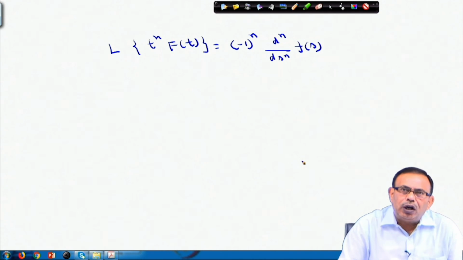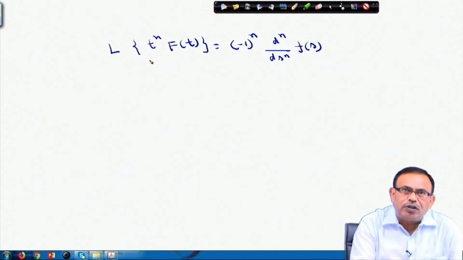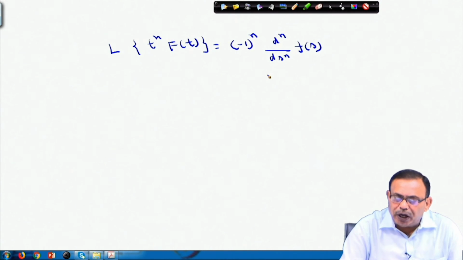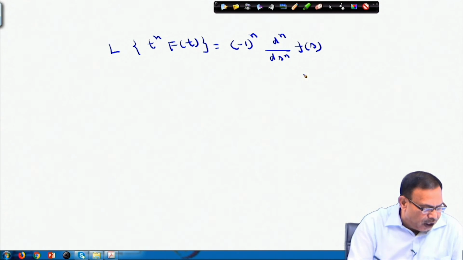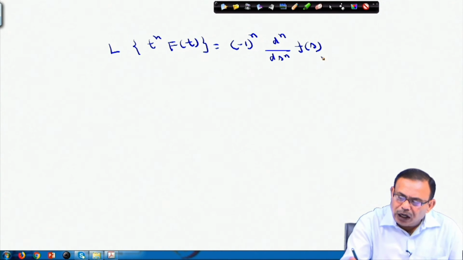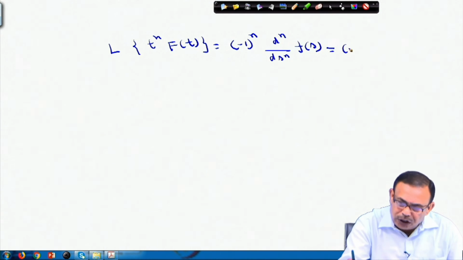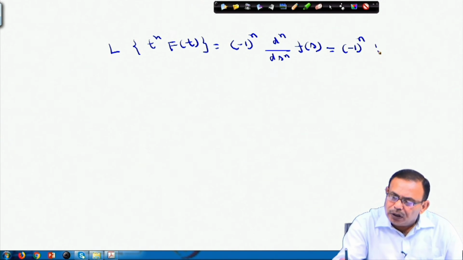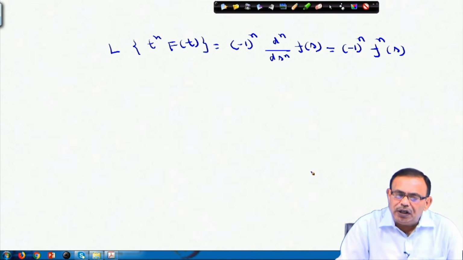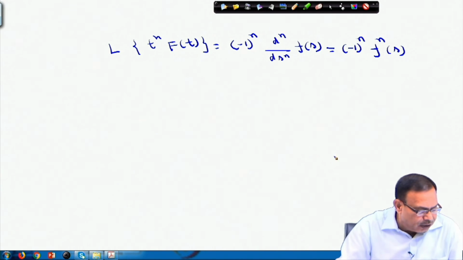Using the theorem of the derivative of Laplace transform, I can tell that Laplace transform of t to the power n into f(t) equals minus 1 to the power n into d^n/ds^n of F(s). So, I can write this as minus 1 to the power n F^(n)(s). d^n/ds^n means the nth derivative of F(s).